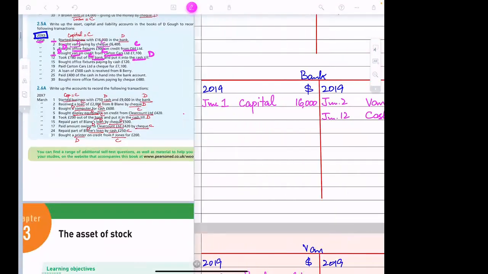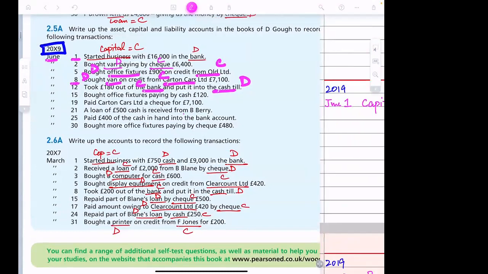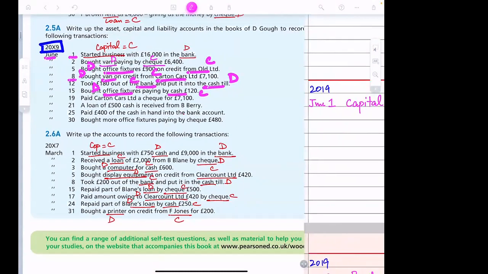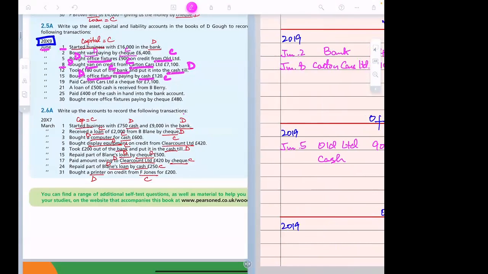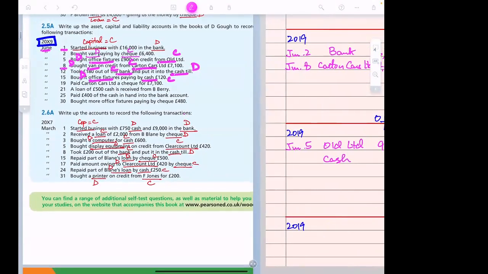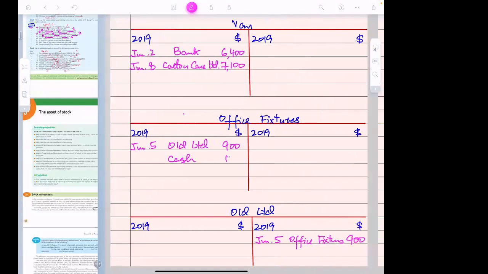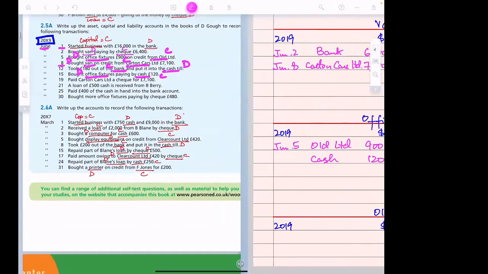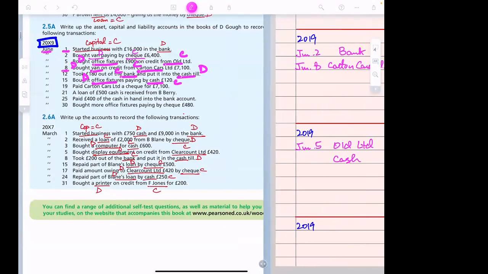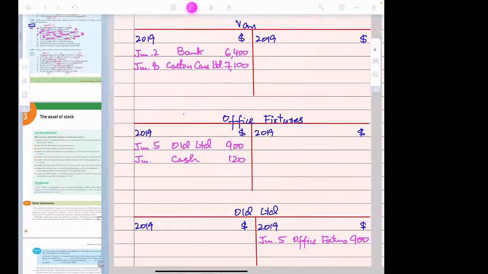All right. Next, we have bought office fixtures paying by cash. So office fixtures debit and cash is credit. So office fixtures we have already made. Office fixtures will be debited and cash will be credited. So we write the name of cash and the amount was 120 and the date was June 15.